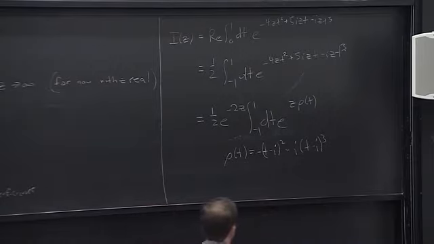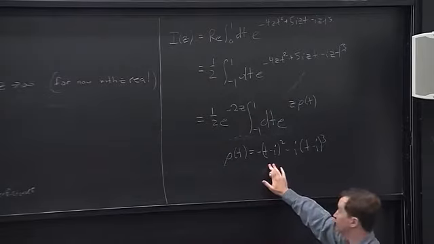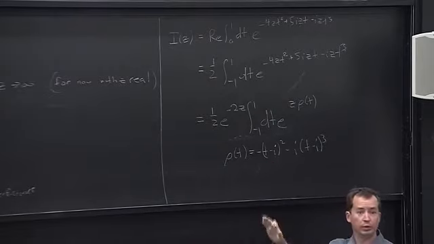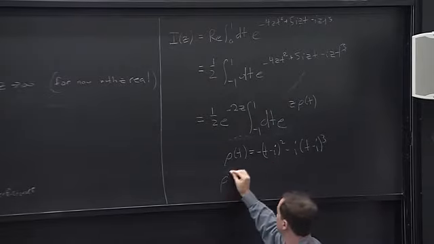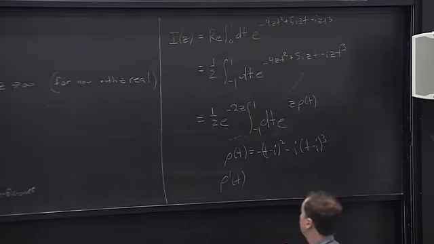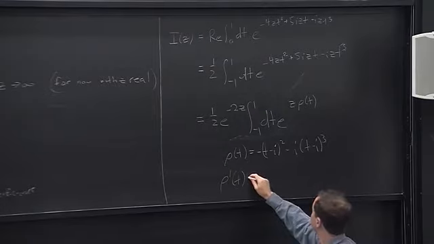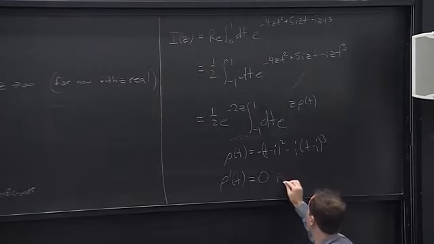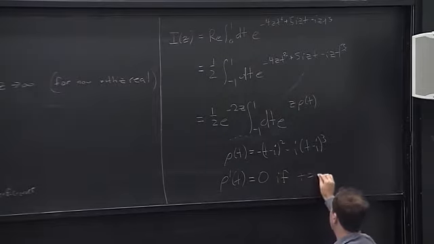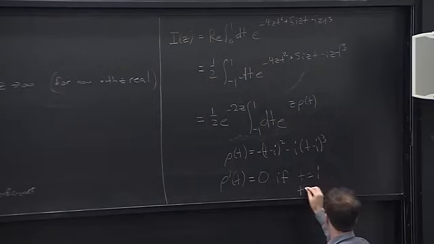Okay, so we want to use the saddle-point approximation. We need to figure out where the saddle points are. So rho prime of t is 0 if t is equal to i, or t is equal to 5i over 3.